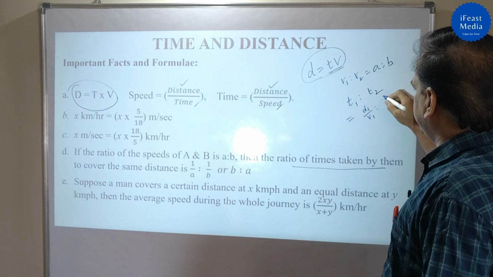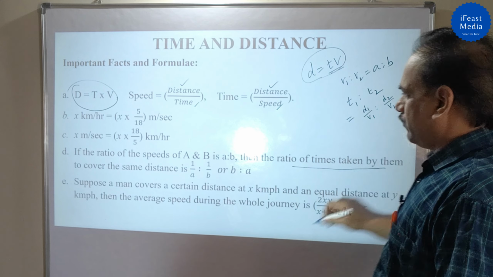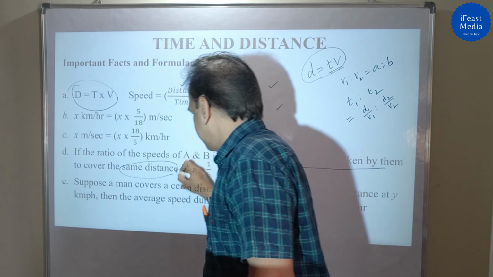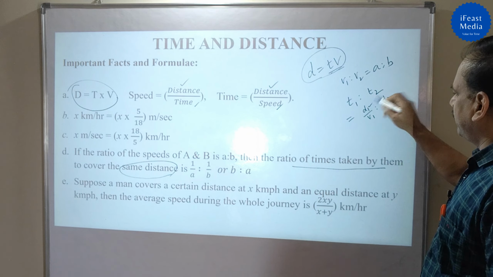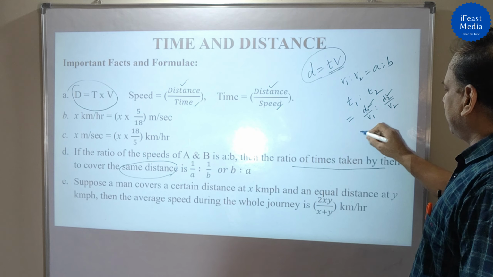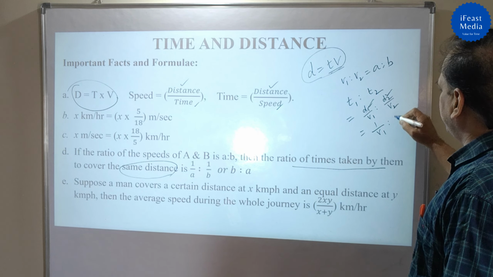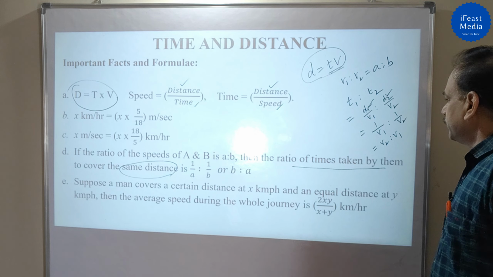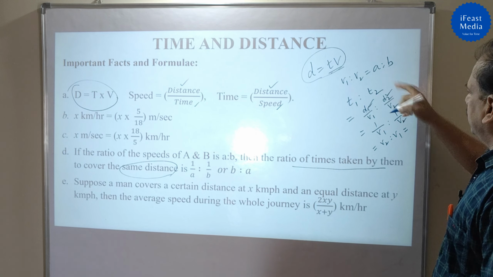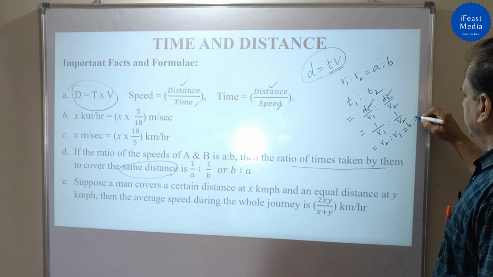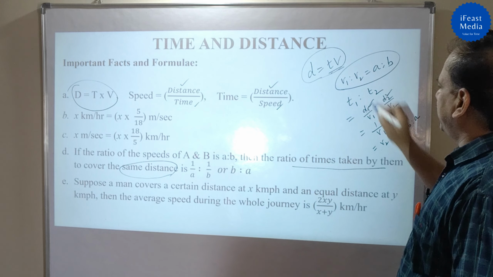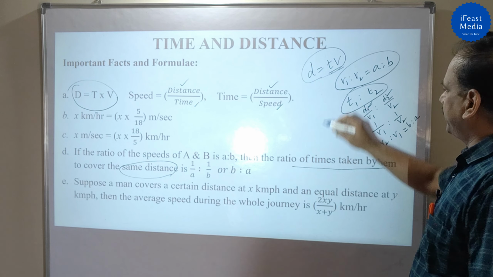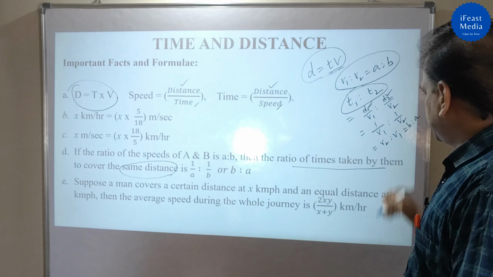T2 from this? D2 by V2. But what you are said here is same distance. Because the distance is same, D1 equal to D2 can cancel out, and the same as 1 by V1 is to 1 by V2, or V2 is to V1, which is B is to A.